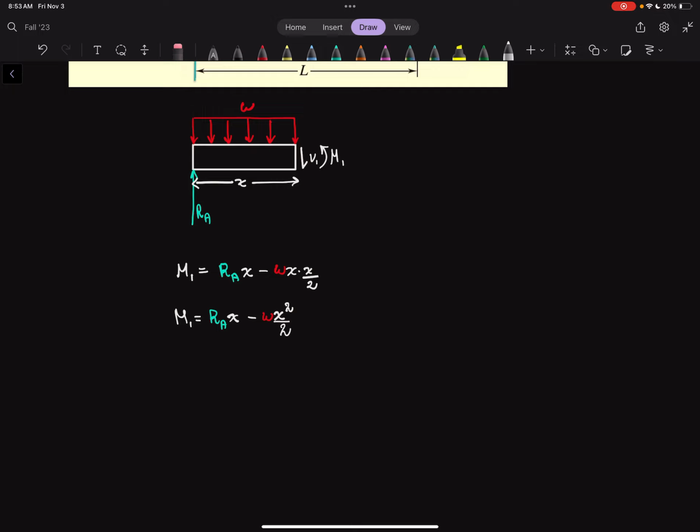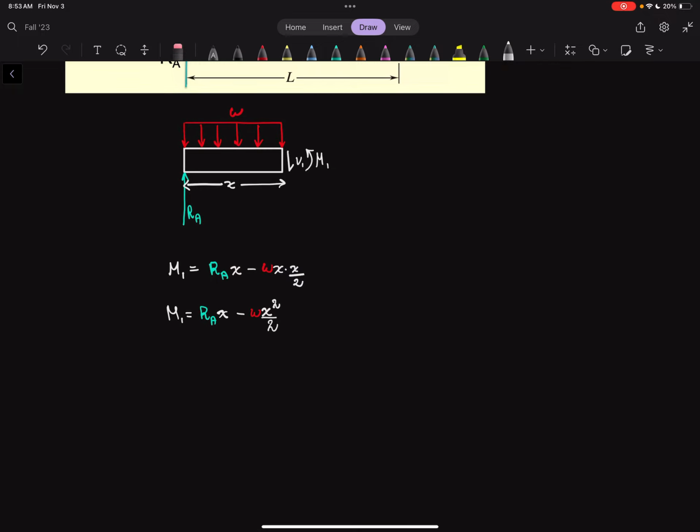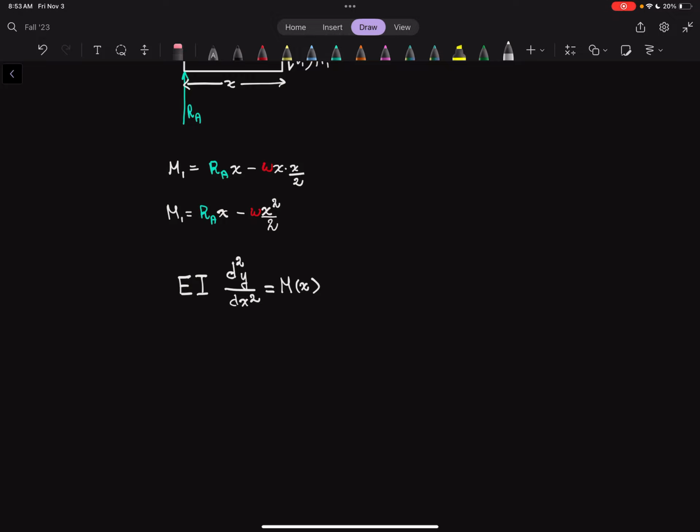Okay? Well, now what do we do with this? Well, now we remember that there's this deflection formula that's really a relationship, and that's the second derivative of y with respect to x gives us the moment as a function of x.